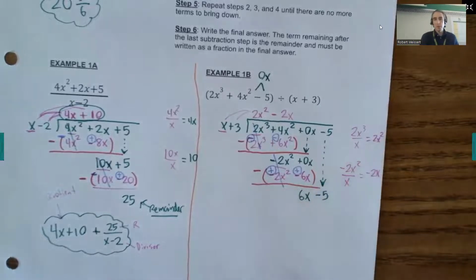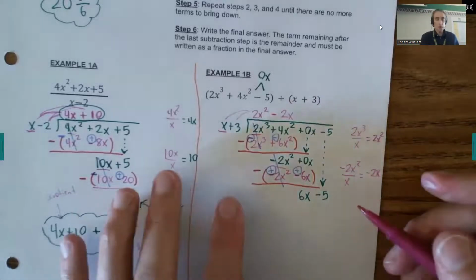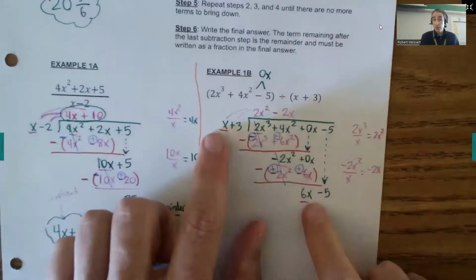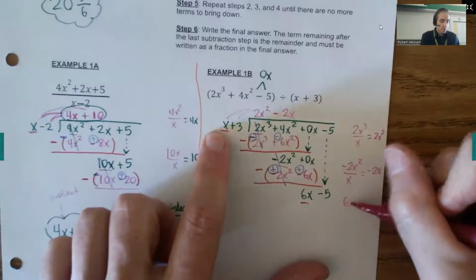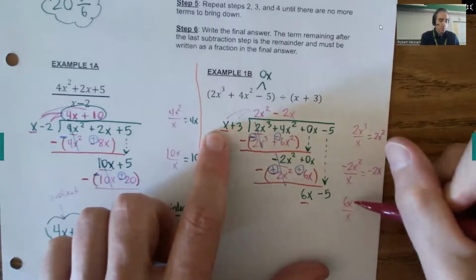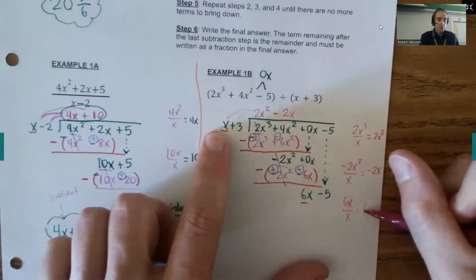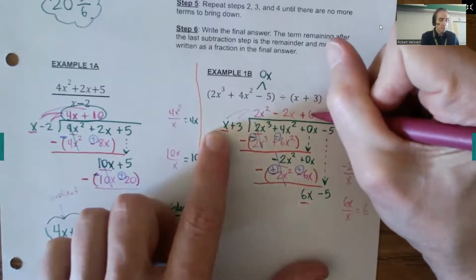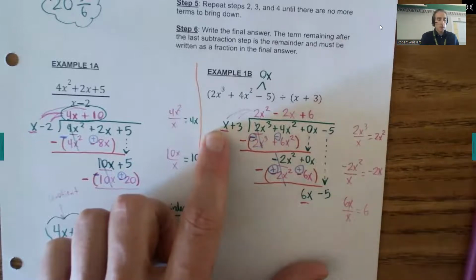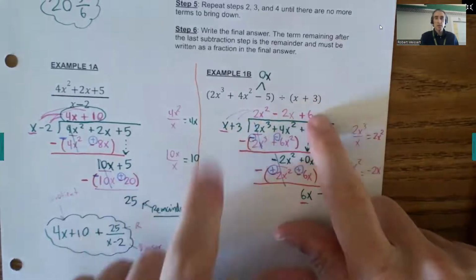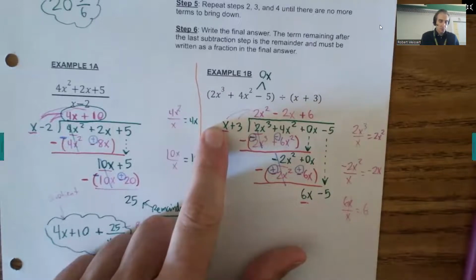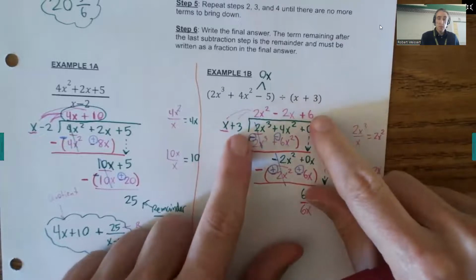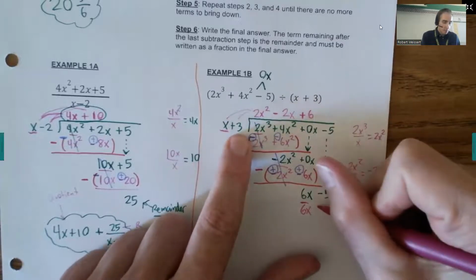Sometimes there's 3, 4 trials to go before you get everything. So again, take your first terms there, divide them out. That's just going to cancel to 6. We write that up here. And we distribute. 6 times x is 6x. 6 times 3, that's 18.